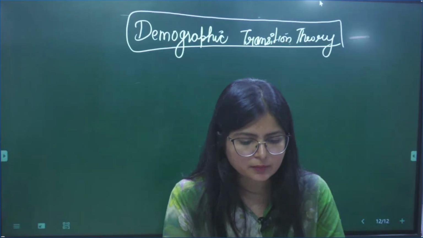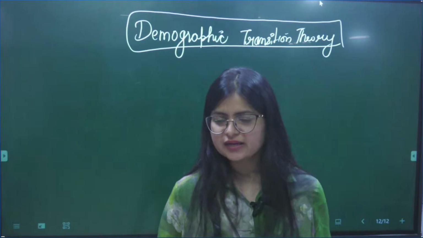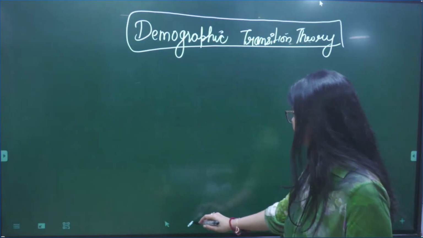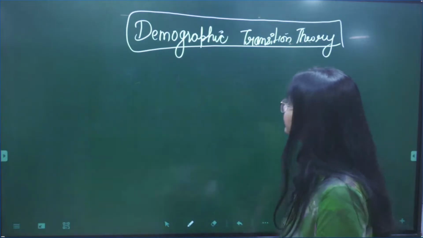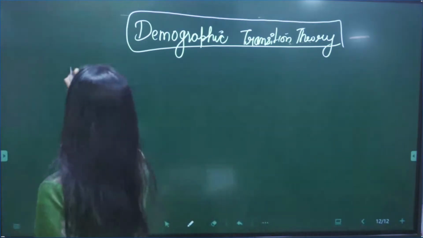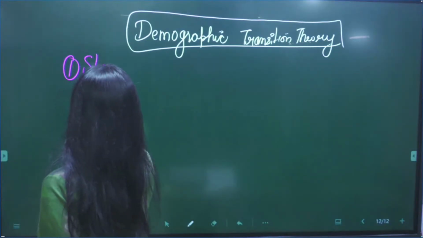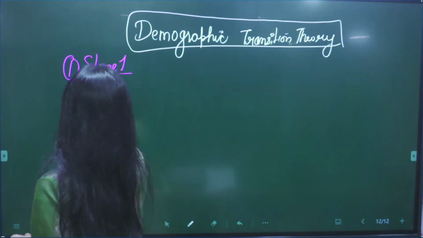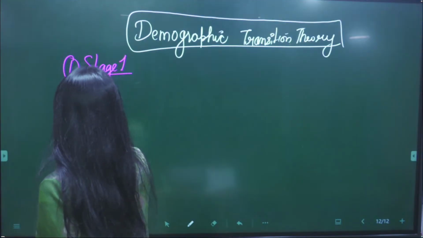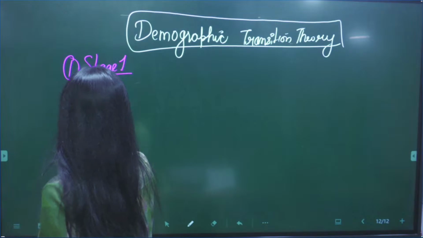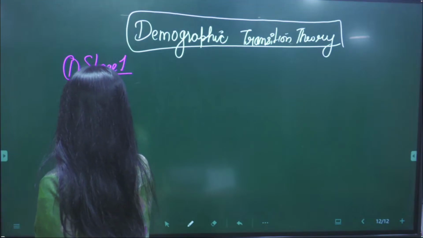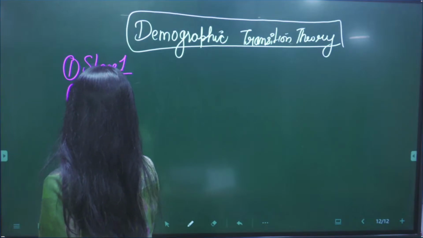Write down now: demographic transition theory. I'll give you a brief description about this theory. See, there are some stages of this theory. Stage 1, stage 2, stage 3, and stage 4.